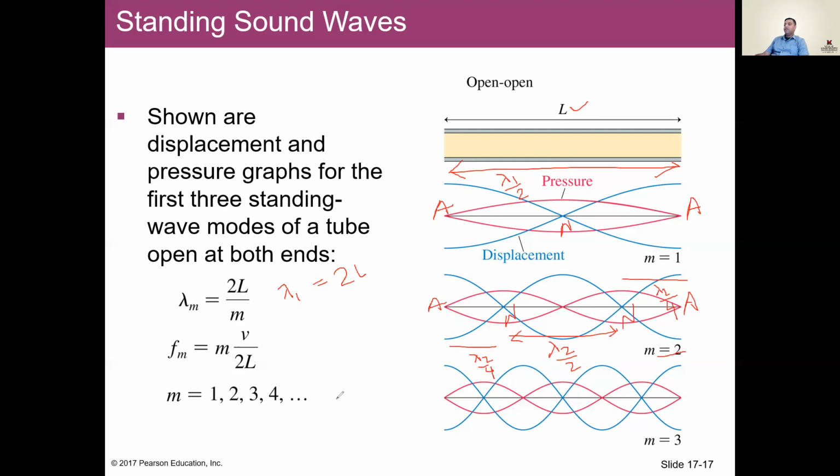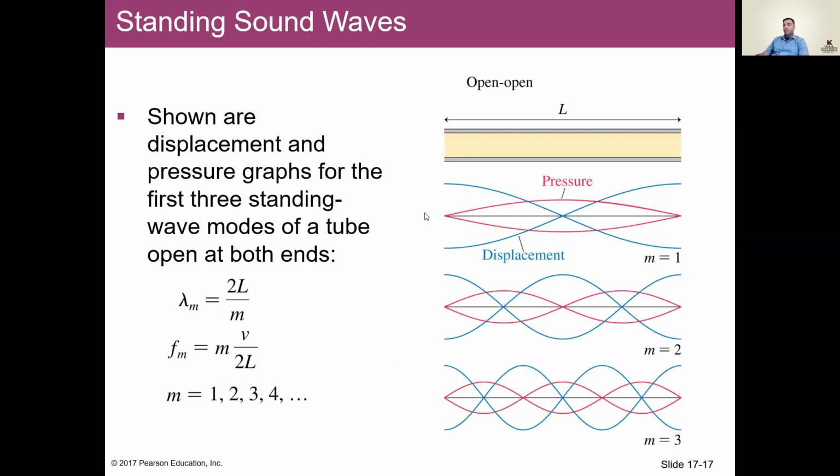If you add all these, these two give you lambda 2 over 2, and that whole thing is basically lambda 2. So lambda 2 equals L in this case. You can call this 2L divided by 2, so that you generate a formula of 2L divided by m, and then you can construct all the different order formulas very easily from here. So this is how you generate all these expressions.